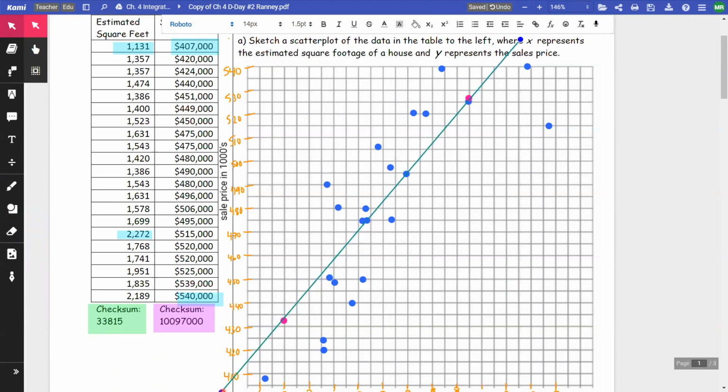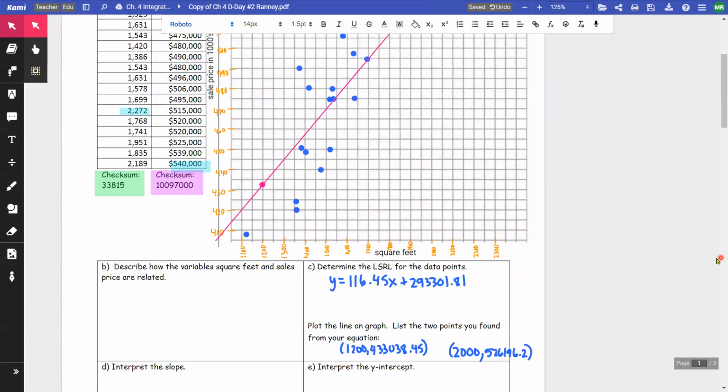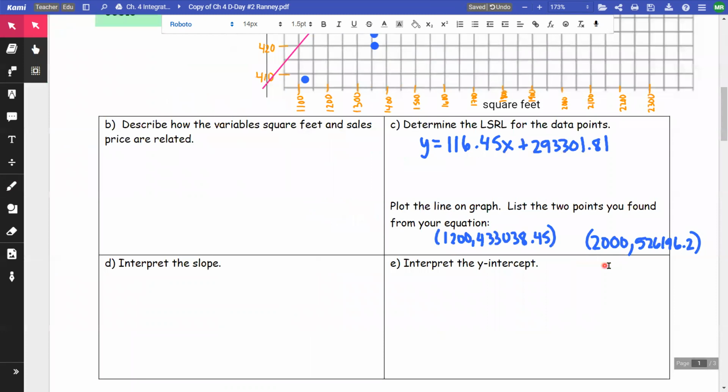Okay, there's my line. Again, I used these 2 points that I found from this equation. I put 1,200 into this equation for X, and I put 2,000 into this equation.